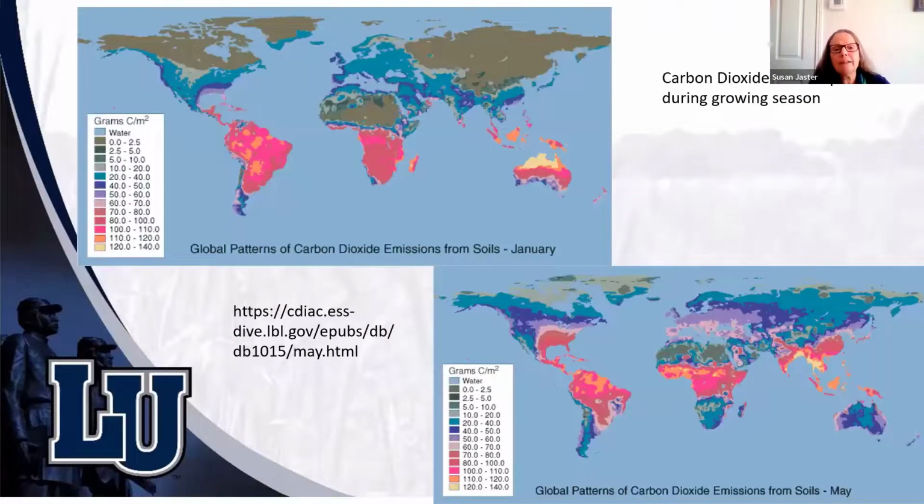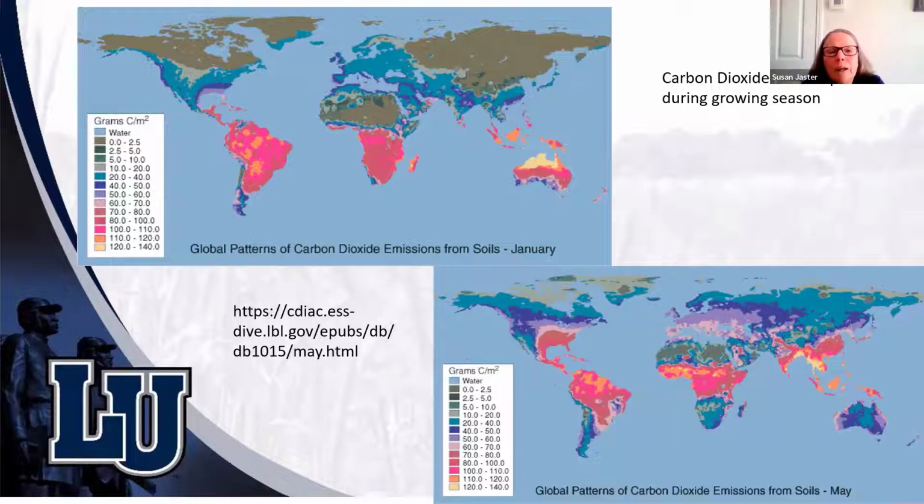Now, if we look at a global map of carbon dioxide emissions from soils, the top map is January and the bottom map is May.